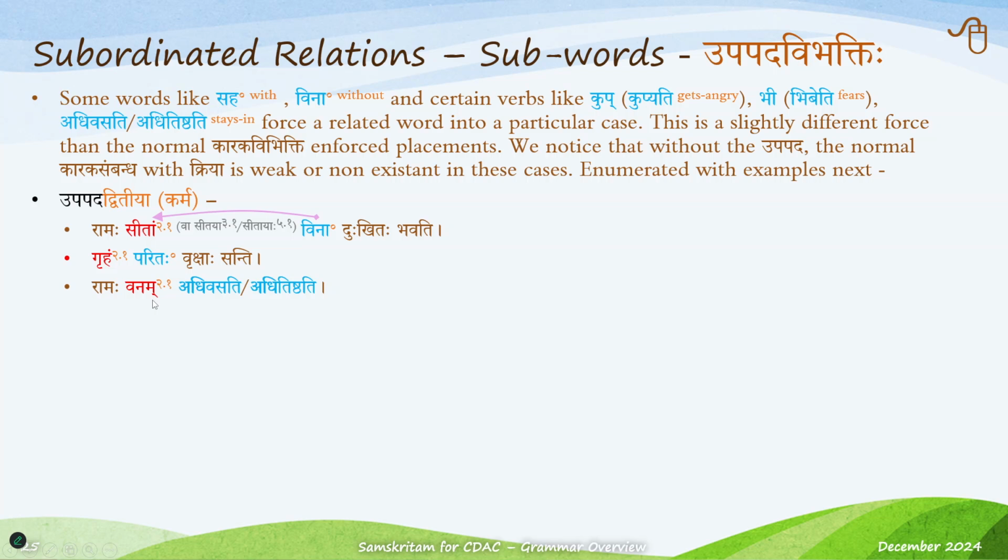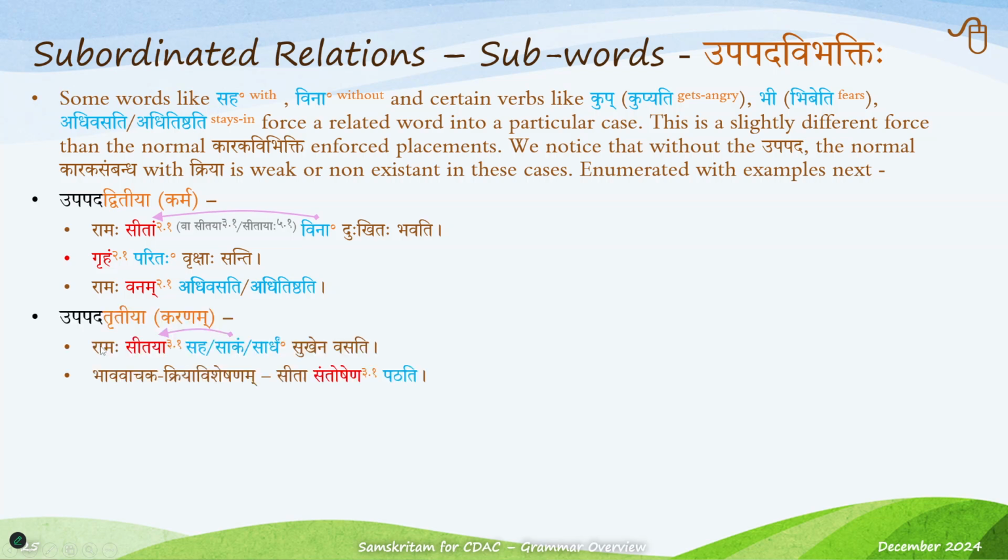Of course the acts follow, karma follows, but that can also be there. So Ramah dharmam adhitishtati, like that. Bhakti, for example, also is a bhava that we place like that. Okay, Upapada Tritiya we will see.